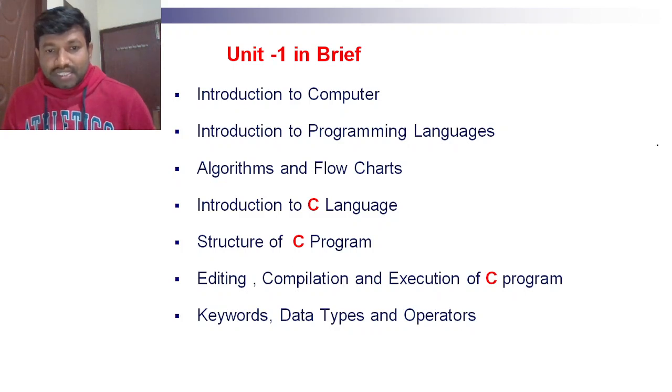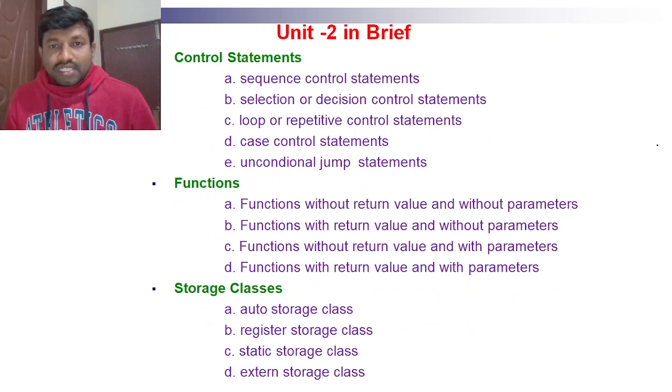In the previous sessions, I talked about data types and operators. I conclude that Unit 1 is completed, and I am switching over to Unit 2 of the syllabus. In Unit 2, we come across the control statements.